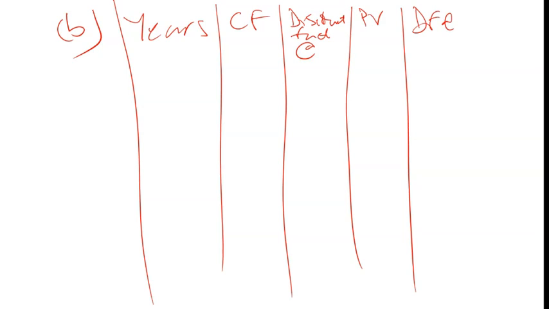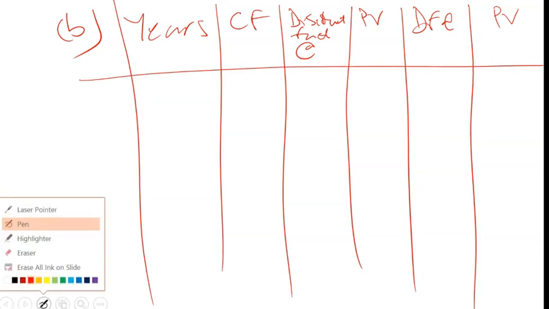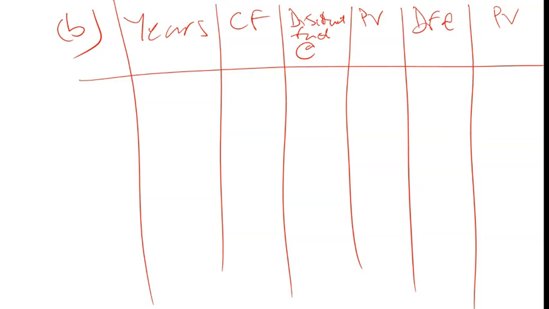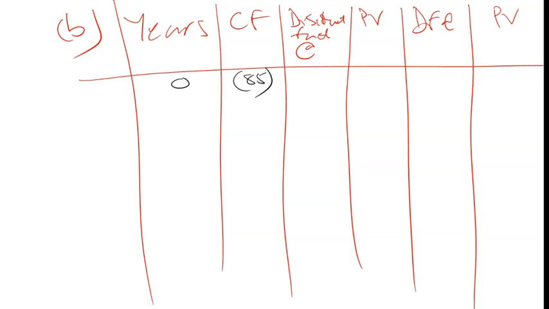Let me just try to use another pen. So in year 0, we've got our 85. The discount factor as usual is 1 for year 0, and our PV will come as negative 85.